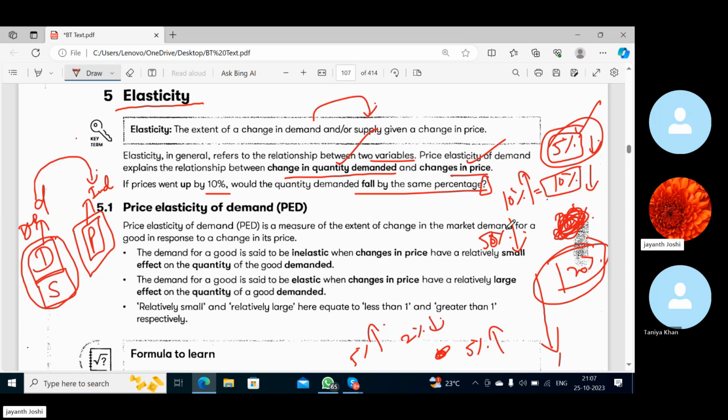Now, when the price increases by 10% and the demand falls by 50%, that is generally for luxury goods, like watches. Watches are not something people won't survive without. If you don't wear one, it's all right; if you wear one, it's also all right.